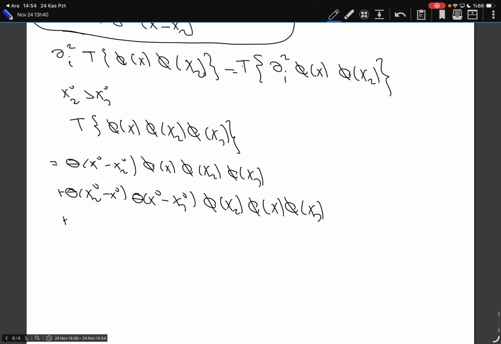Or x3 0 is larger than x0. It comes at the end. Since I assume x2 0 is larger than x3 0, these are the only three places that x can be: either the latest, in between, or the earliest. Now let's take derivatives.